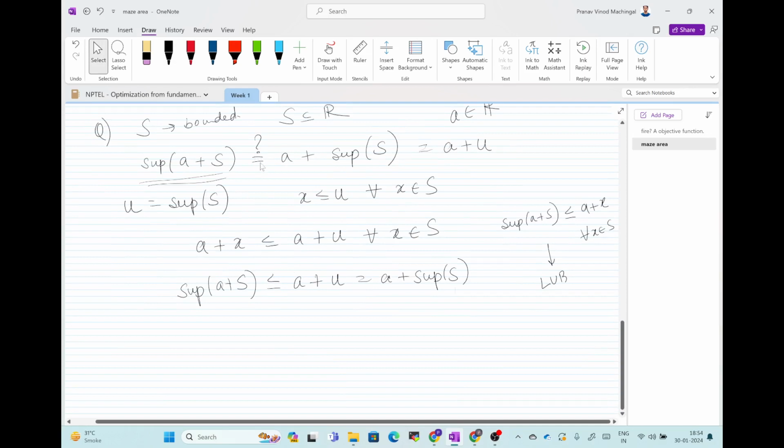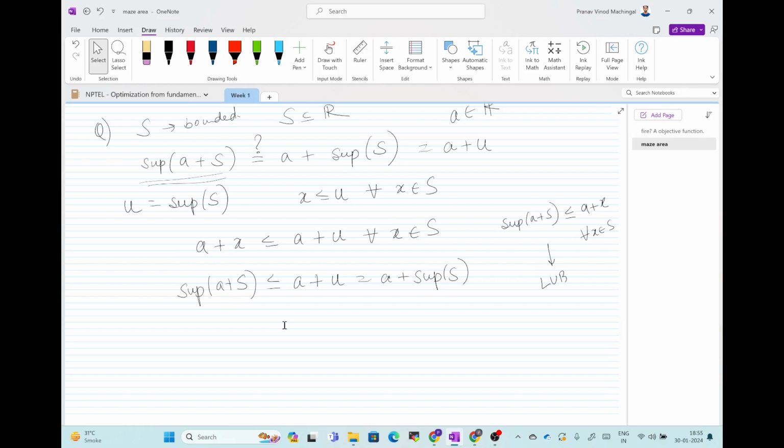If you have to show equality, then we need the other side inequality also, no? If both inequalities hold, then that means it is equal. So how do we get the other side?